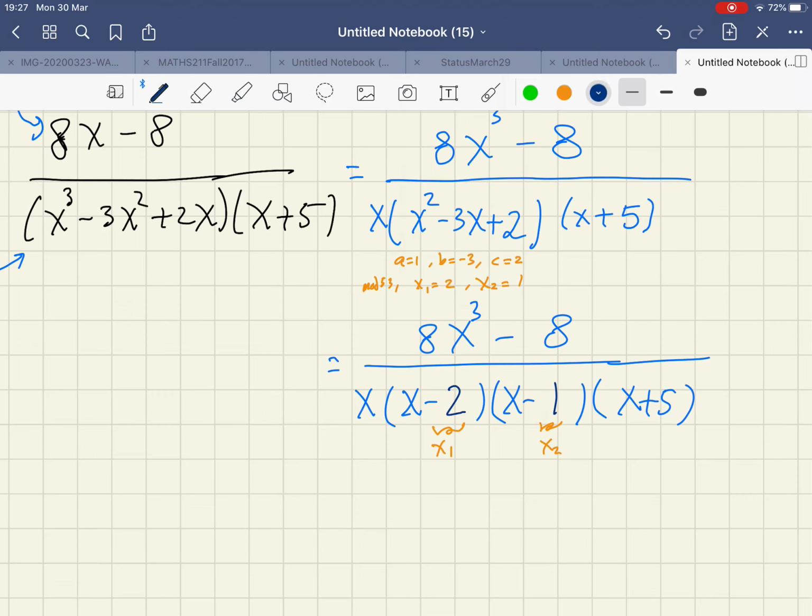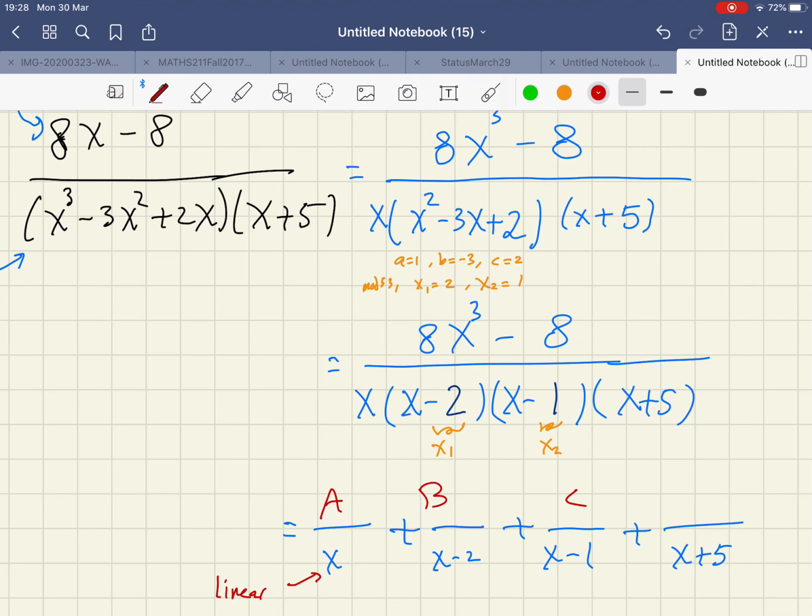Now the final step is, as you can see, all the factors are linear, all of them of degree 1, so we just need to split. So x minus 2, x minus 1, x plus 5, and at the top, because each one of them is linear, what you need to write in the top is a, b, c, d. And that's how we do this example.